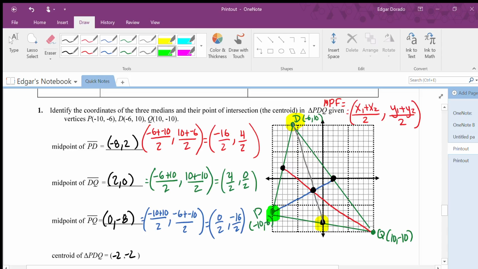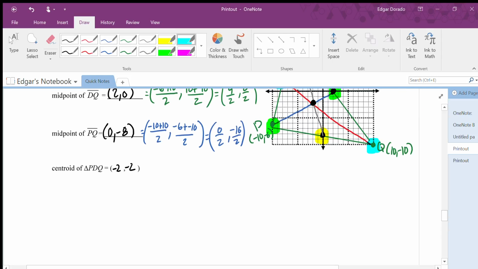From P, I went to the opposite side to that midpoint, and then finally from Q, I went to the opposite side, which was that midpoint. I connected all of them, and then I noticed that there was a point of intersection, and that was exactly at -2, 2. That is my centroid.